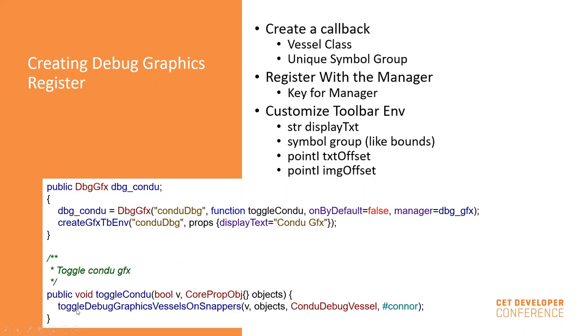And then we actually have two helper functions for you, because it can be heinous to add and remove those vessels all on your own. We have toggle debug graphics vessels on snappers. It's a mouthful, very verbose, but very specific for what it does.